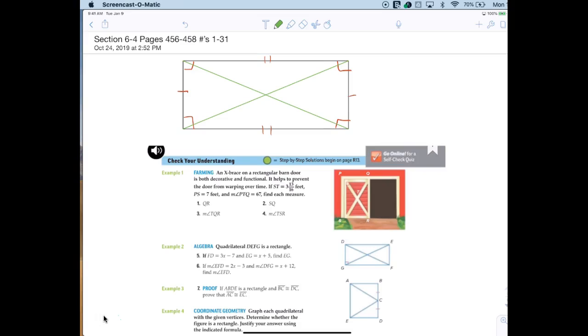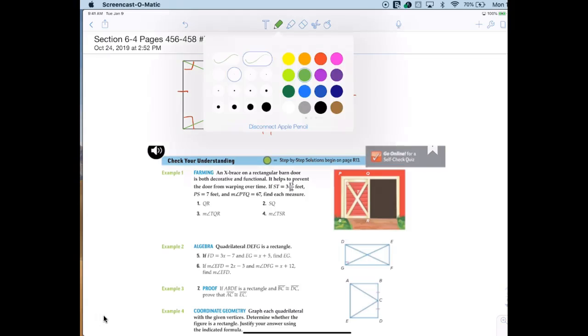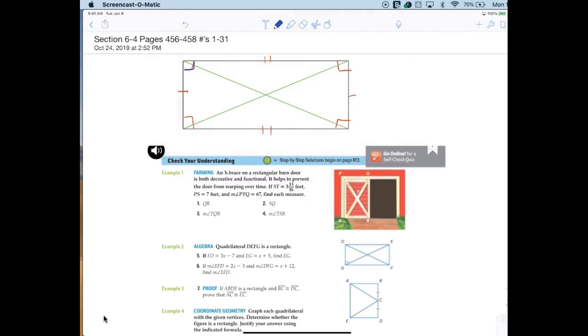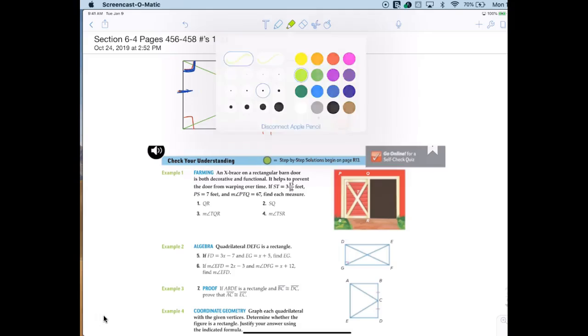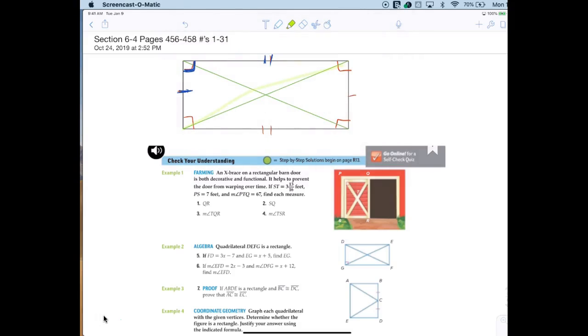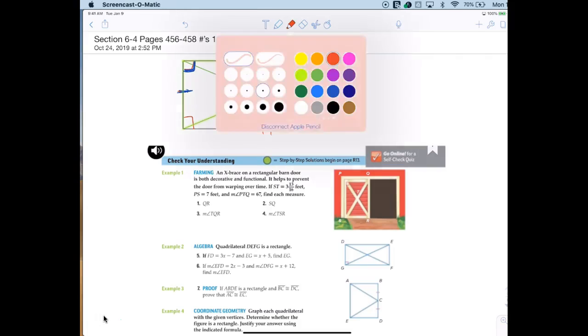It's super easy to prove because, now just watch, this angle right here is how many degrees? 90. This and this. What I'm doing is highlighting the top rectangle. I'm trying to get you to look just at the top rectangle, and then I want to look at the bottom rectangle.